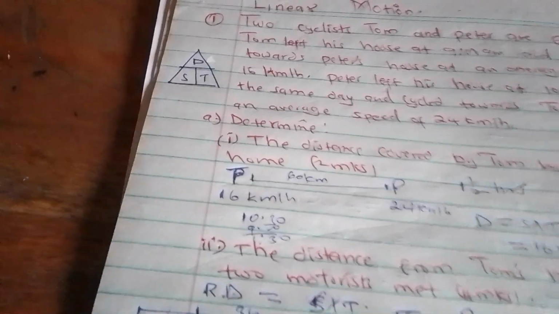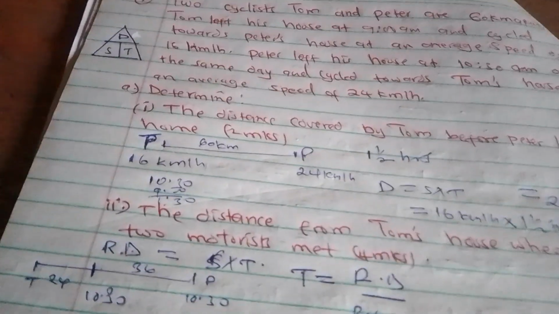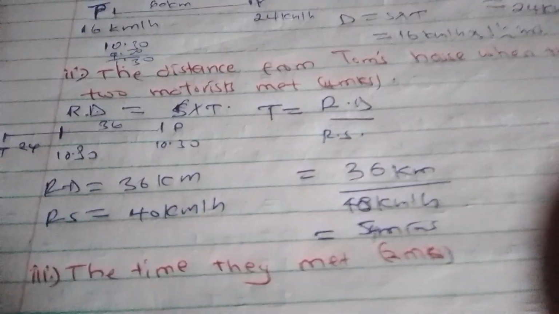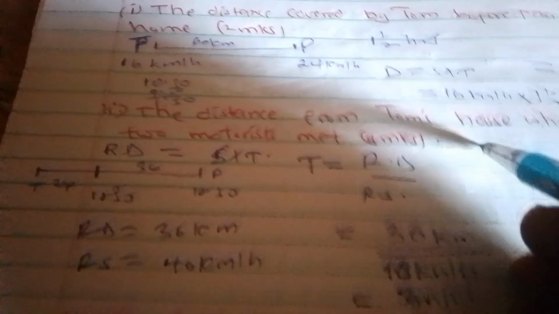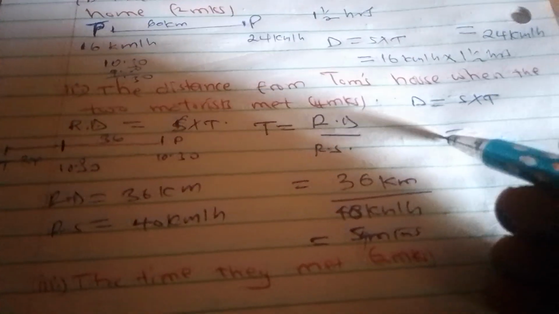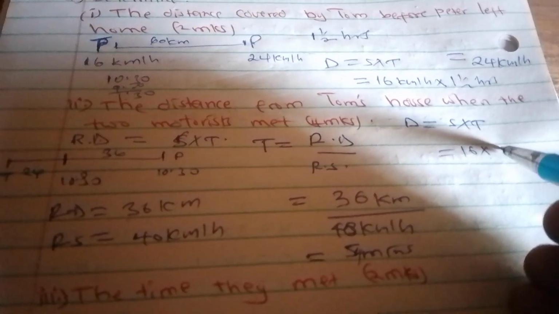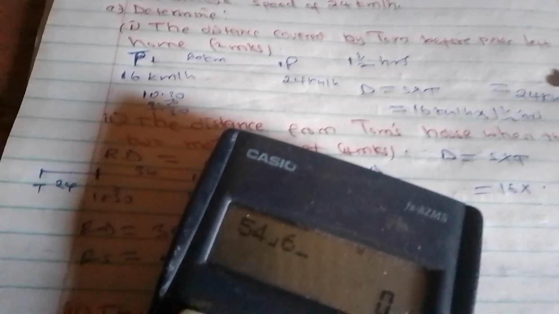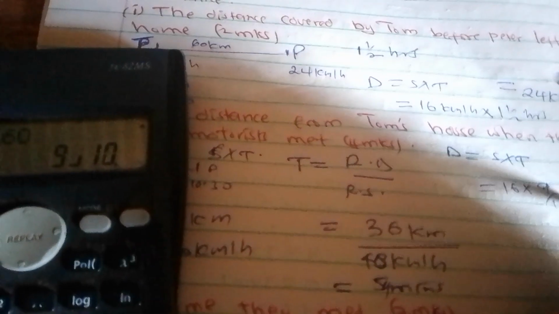So they're asking the distance from Tom's house when the two met. After 54 minutes, what distance did he travel? Distance is equal to speed times time. So speed is 16 times 54 over 60. 54 over 60 in terms of hours is 9 over 10.